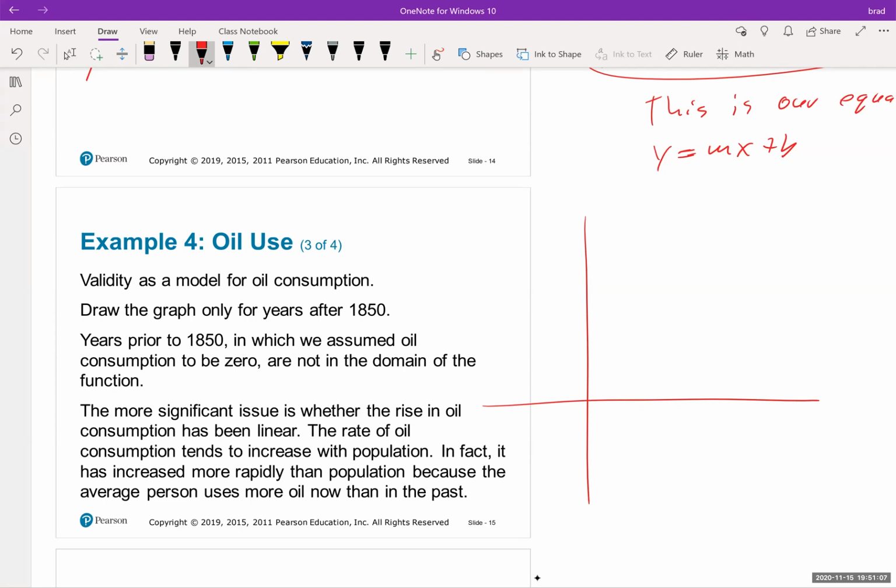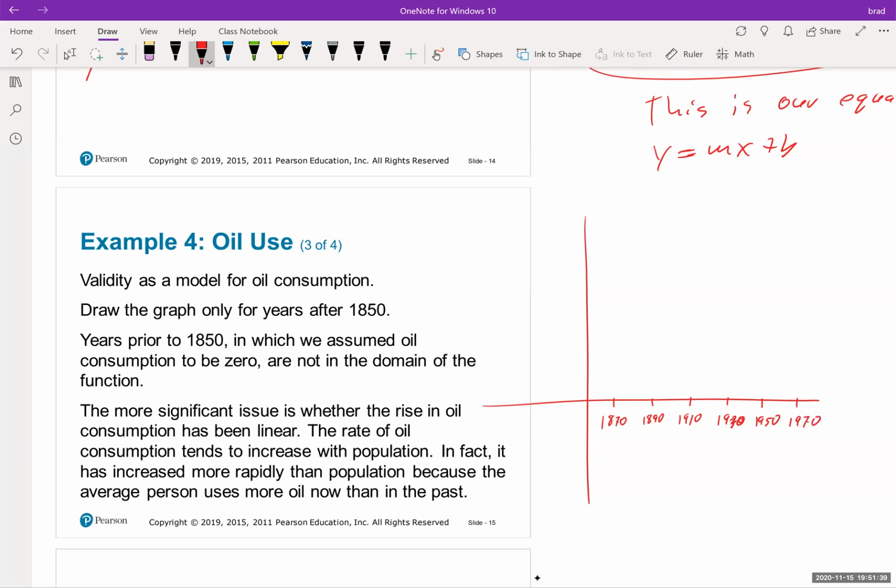Okay, so what I'm going to do is I'm going to call the years after 1850. So could I start it at 0 if I wanted and call that my first? Yeah, I think that would get confusing though. So I'm just going to do, here's 1870, 1890, 1910, 1930, 1950, 1970.